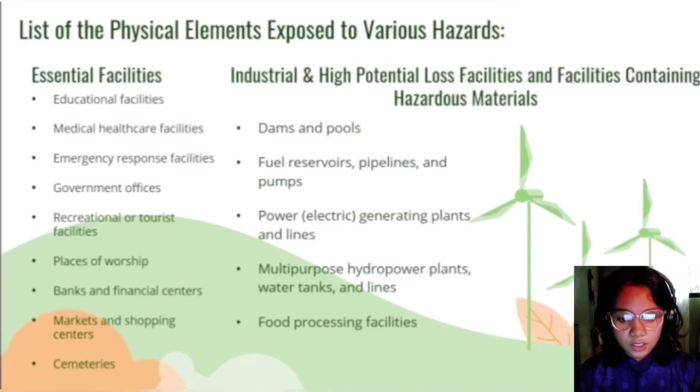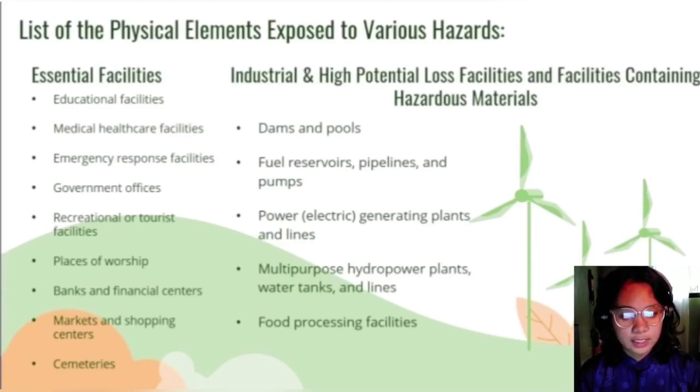Under the essential facilities, we have educational facilities, medical healthcare facilities, emergency response facilities, government offices, recreational or tourist facilities, places of worship, banks and financial centers, markets and shopping centers, and cemeteries.